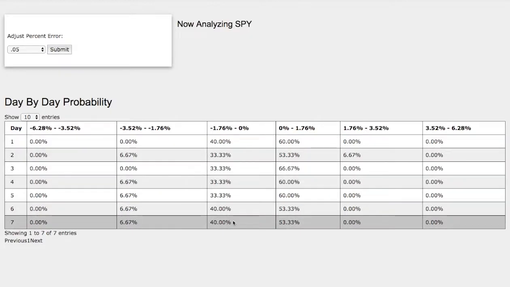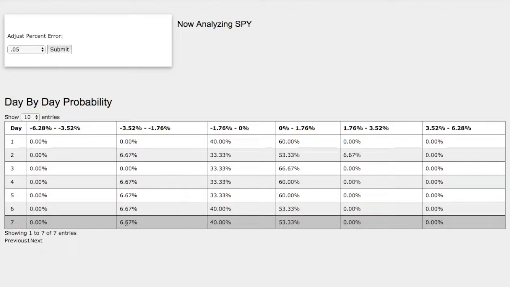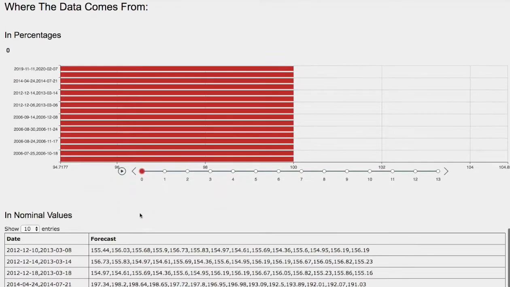On the other hand, we have a 40% chance of the S&P 500 heading lower, between 0 to 1.7% down. On the extreme case, we have a 7% chance of the S&P 500 heading further down, extending negative 1.7% to 3.5% down.